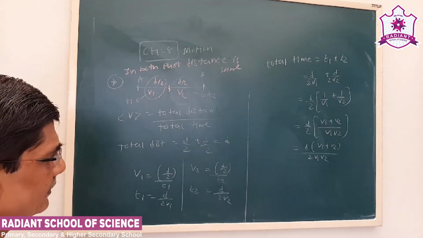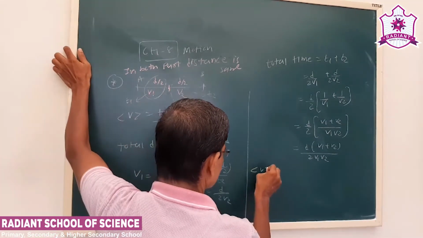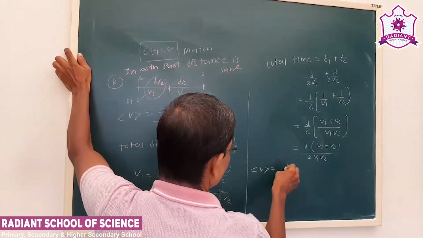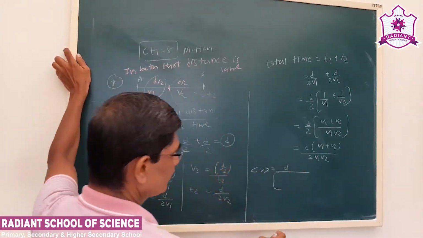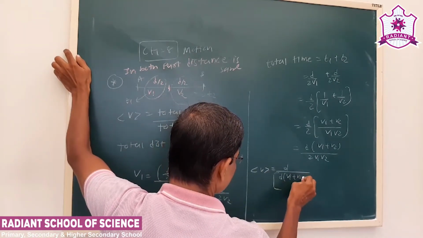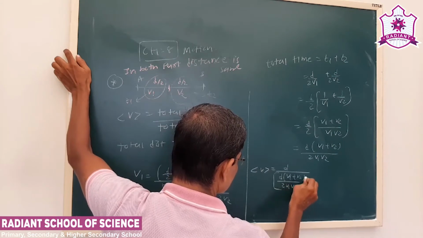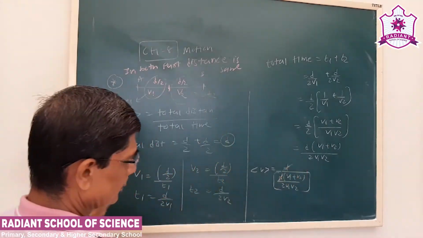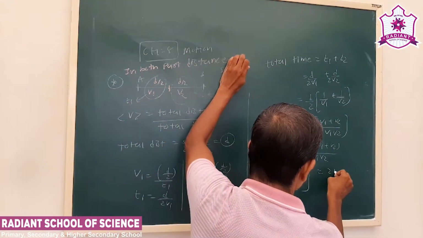Now average speed is total distance. What is total distance? Here it is d. And what is total time that we have obtained? d times v1 plus v2 upon 2 v1 v2. Now if I simplify, this will move to the numerator.